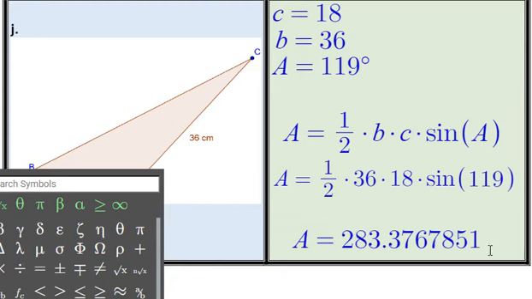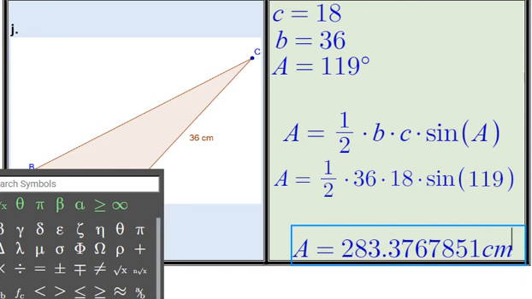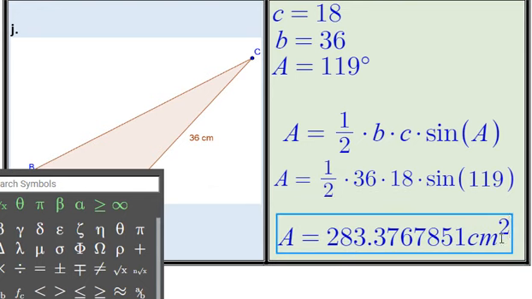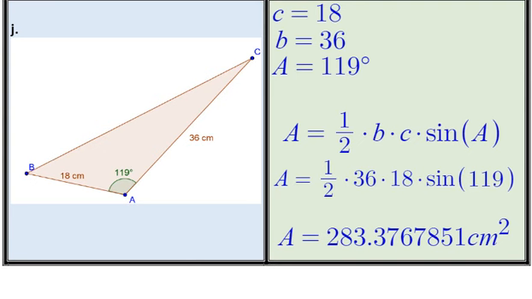And one last small detail is the fact that in this situation, they are giving us units. So we should acknowledge that we're measuring in centimeters, but also when we calculate area, our result is in square centimeters or centimeters squared because we're talking about area.